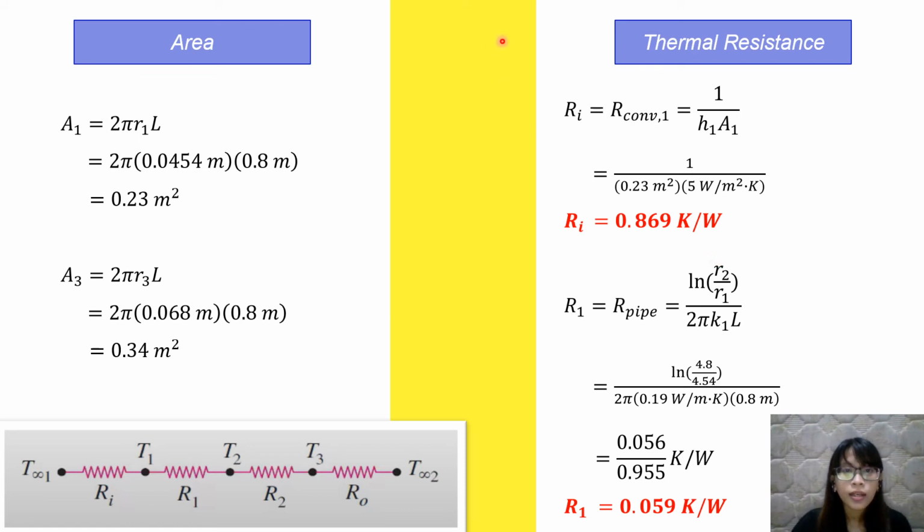And then the formula for R1, which is the pipe resistance, is ln(R2/R1) over 2 pi k1 L. We know all the parameters, we plug them in, and we got R1 is 0.059 Kelvin per watt.